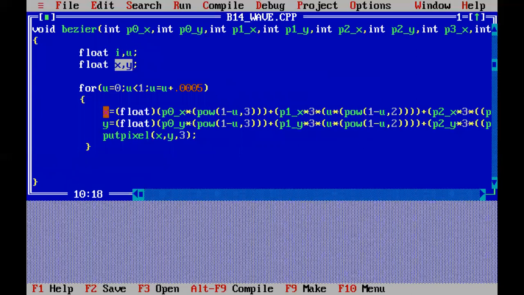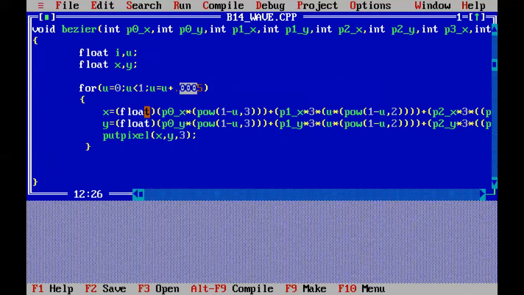So u lies between 0 and 1: u equals 0, u less than 1, and u is incremented by some small value, not 0.5, because when you increment u by 0.1 only, you will not get enough pixels, so you will not get a curve. For that we have to increment u by a minimum value. We'll change this condition and check afterwards.